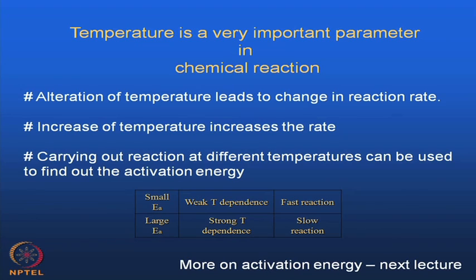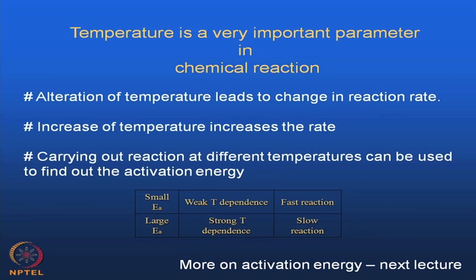And the significance of activation energy is that it is the minimum amount of energy required to carry out the chemical process, to start the reaction. Small activation energy means a weak temperature dependence, and the reaction is fast, I mean, it happens very quickly. Large activation energy means there is a strong temperature dependence, meaning a little change of temperature gives a huge change in rate constant, and of course, the reaction is very slow.